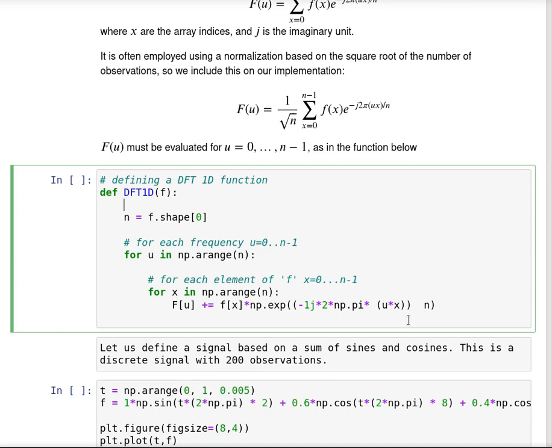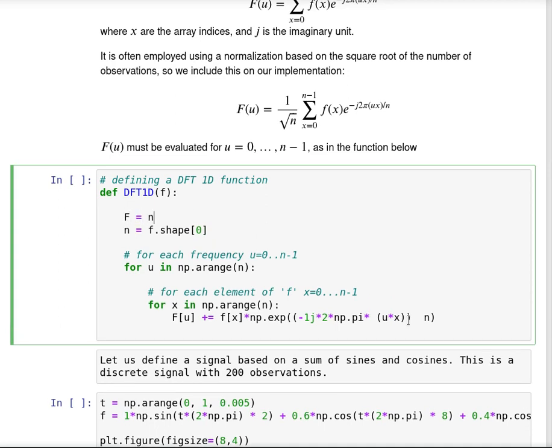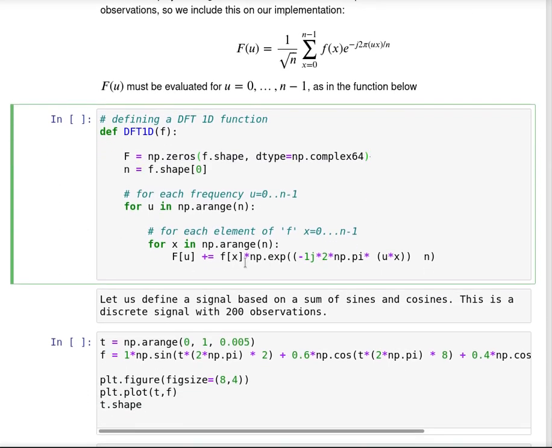And in order to do that, before computing, I'm going to create a vector of zeros with the same shape of the function that is being analyzed here, but the type of this value is complex. So I'm already defining that capital F here is going to be a complex vector. So now I'm just summing it. It starts with 0, and then I'm computing this sum here, so sum for the first x and for the next x and so on.